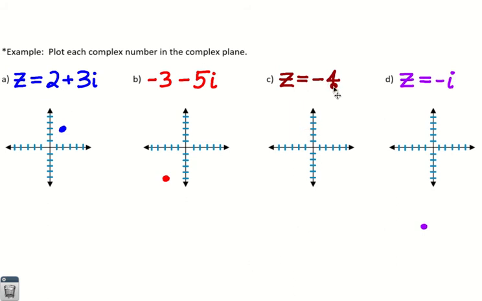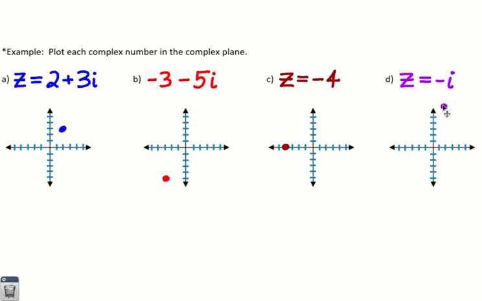z equals negative 4. We don't have an i, do we? So a would equal negative 4, and technically our b value would be 0. So we go negative 4 on the real axis, 0 on the b axis, or the imaginary axis.